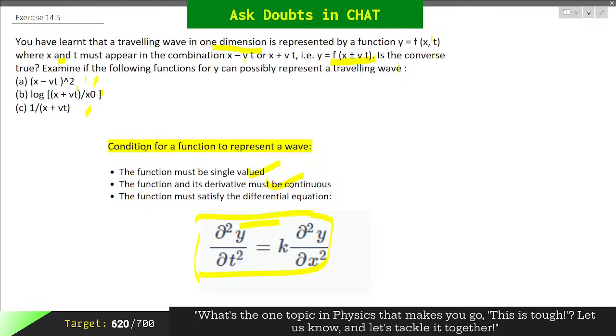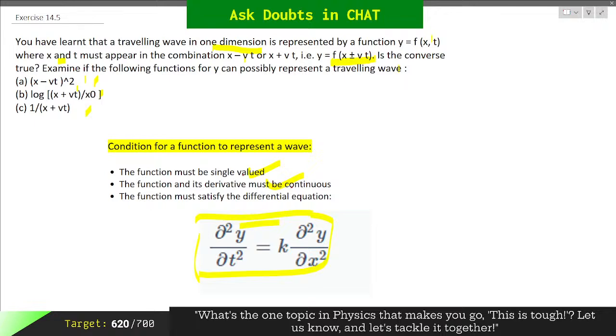We know that for a function to be a wave function, it must be a single valued function, that is for every value of x there must be a single value of y. Also the function and its derivative must be continuous, that is there shouldn't be any discontinuity, or the function must not be undefined at any position.